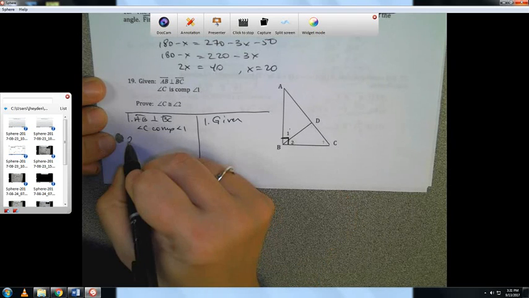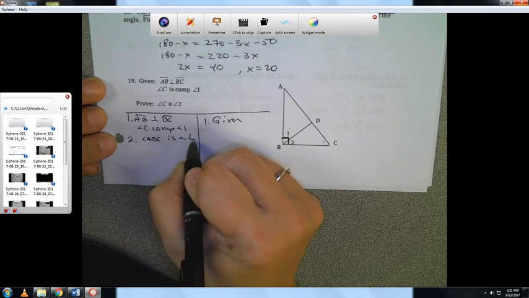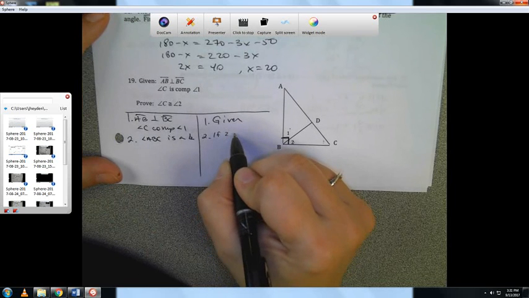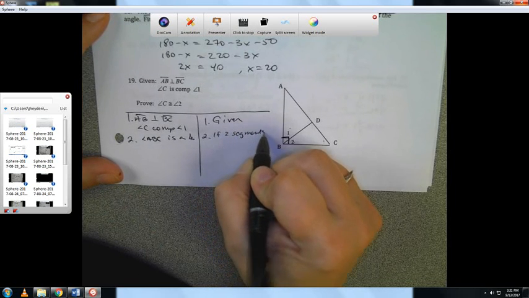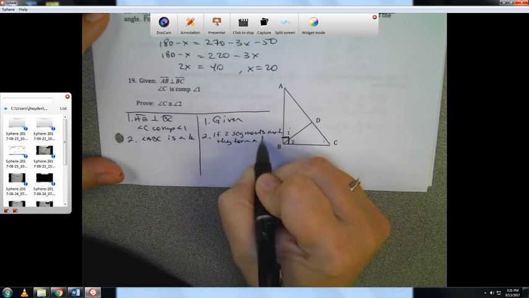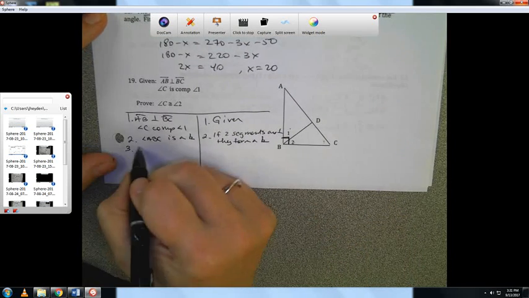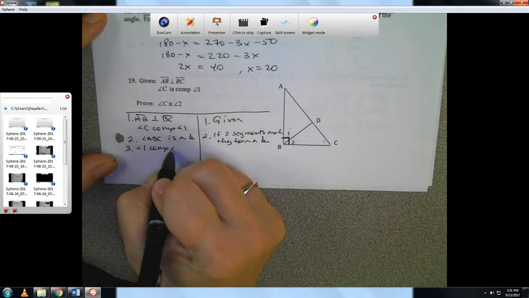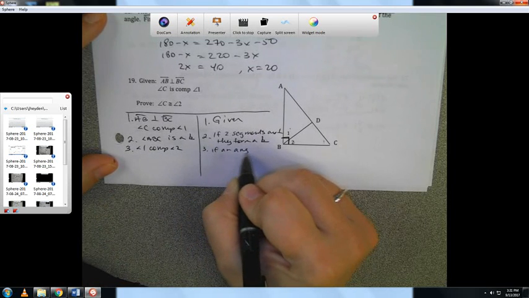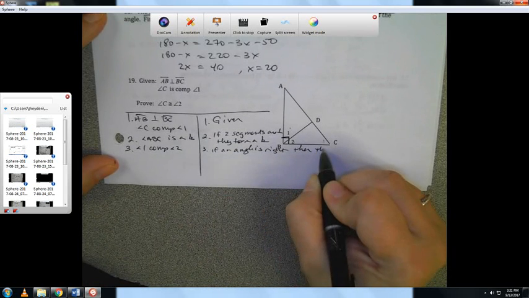Angle ABC is a right angle because if 2 segments are perpendicular, they form a right angle, which means 1 is complementary to 2 because if an angle is right, then the angles are complementary.